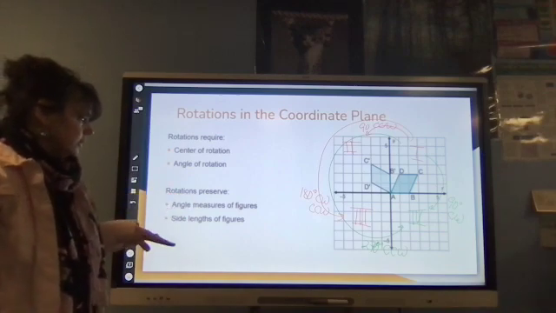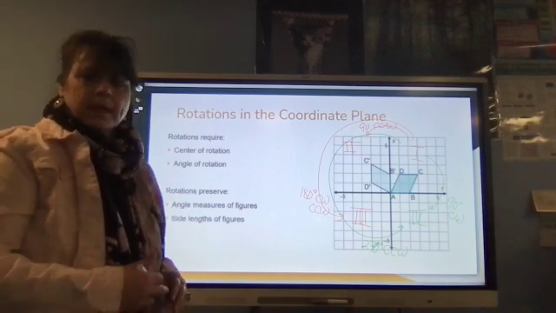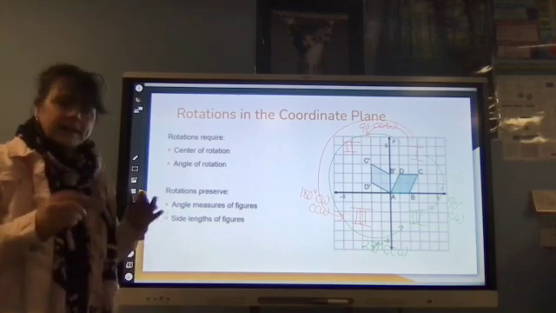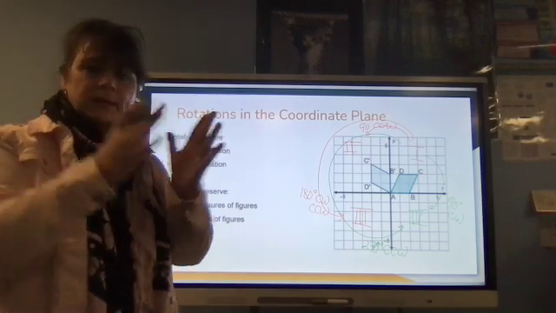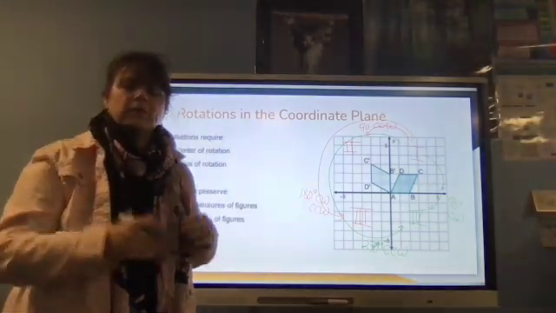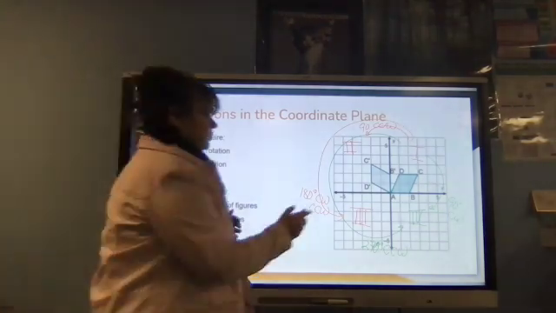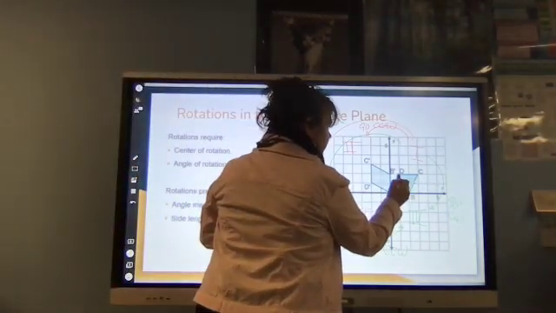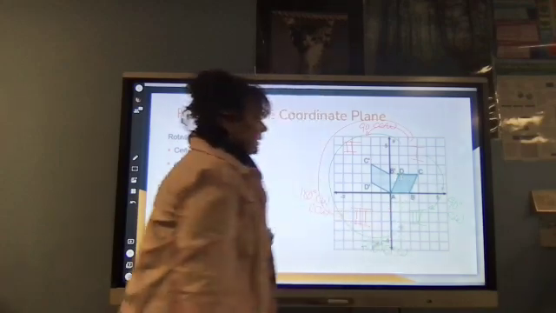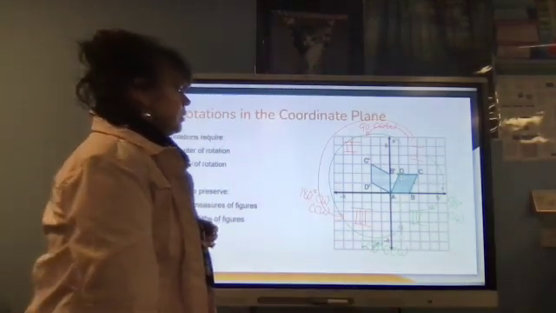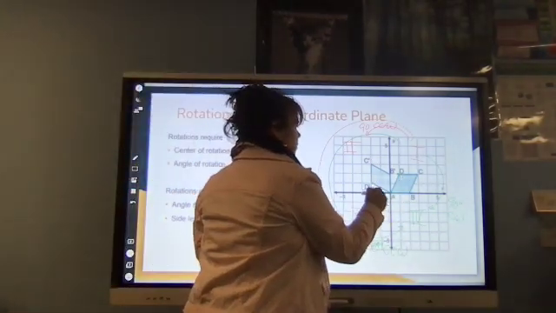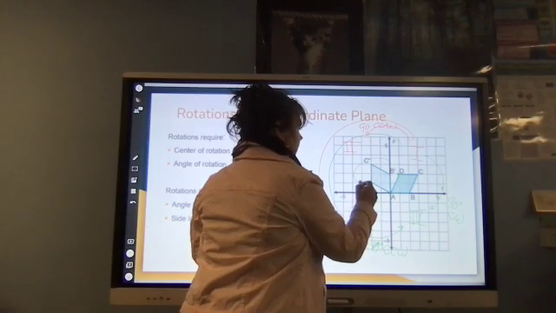Rotations preserve their angle measures, and their side lengths are going to stay the same. They're not shrinking, they're not enlarging, they're going to stay the same. So notice here, we've got point D here. We're rotating it 90 degrees, and our D prime ends up being over here.